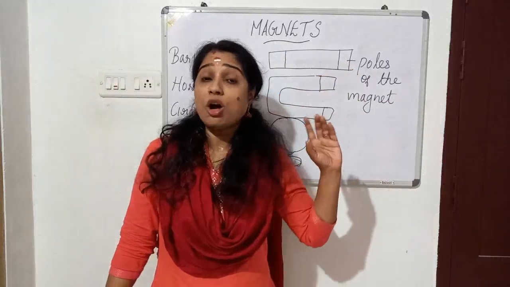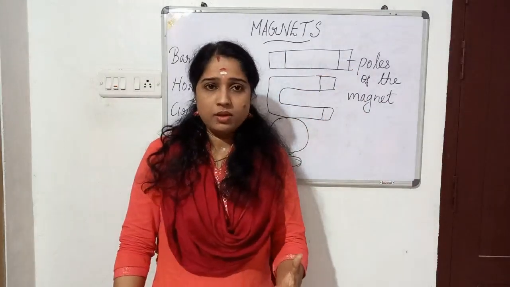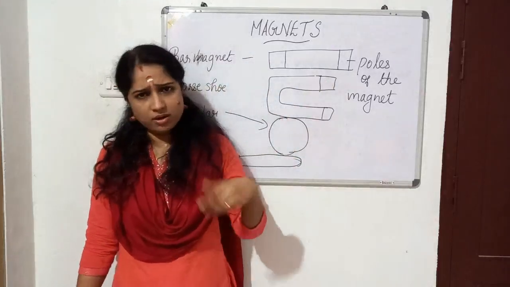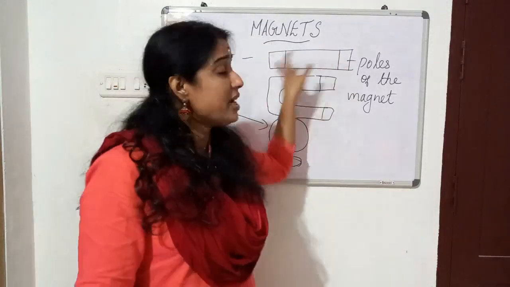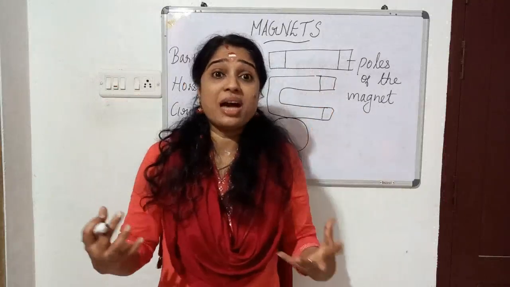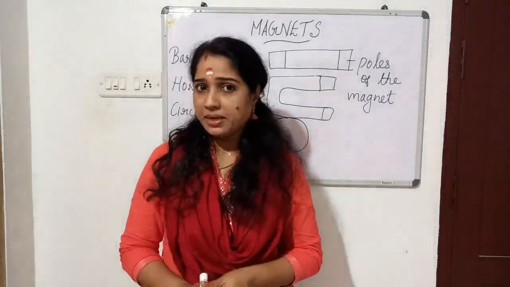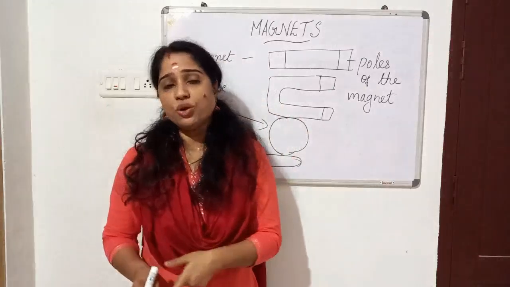And these poles of the magnet have the most attractive power. All parts of the magnet can attract the iron objects or cobalt objects or nickel objects. But these two sides, the poles of the magnet, have the most attractive power. They can attract more objects towards them. Clear? So at the end of this class, you can watch a small video.